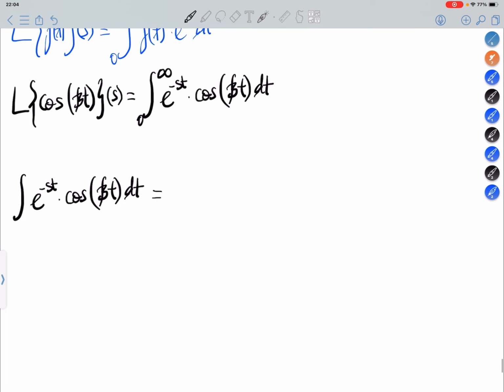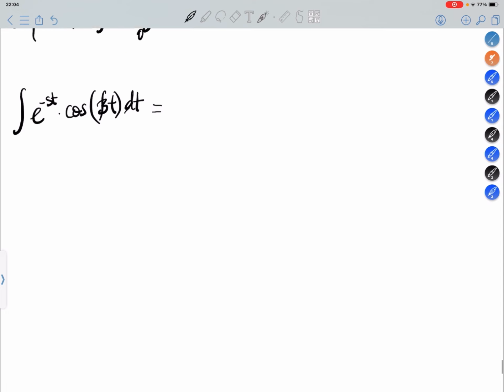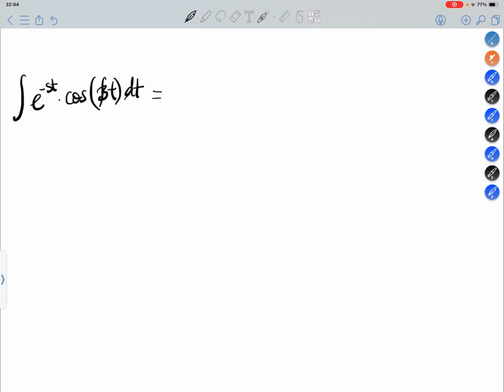Now to solve this integral, we're going to use the integration by parts technique. Because it is a product of an exponential function and a trigonometric function, we're going to let u be the trigonometric function.